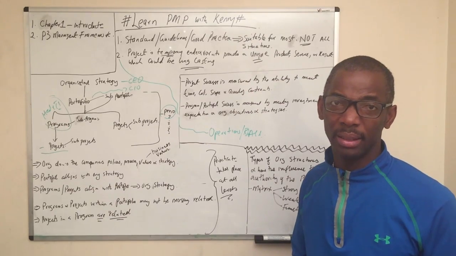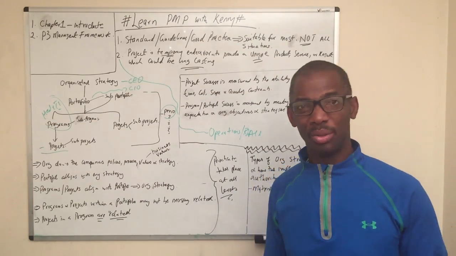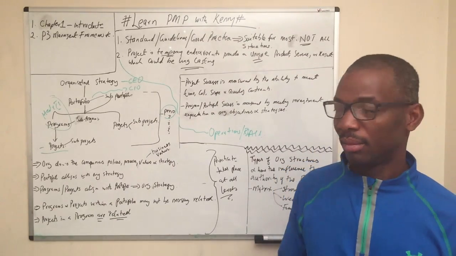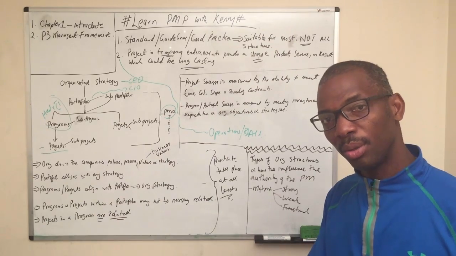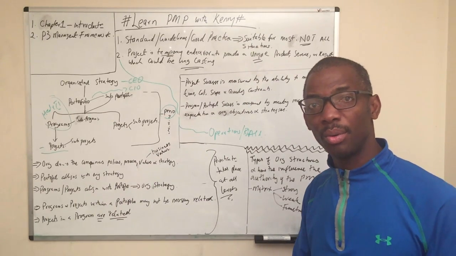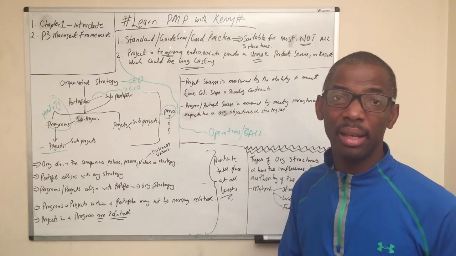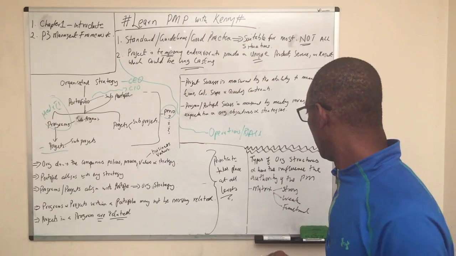I'm sure you've heard about it. Matrix organizations, weak matrix, strong matrix, functional matrix, composite organization, and all that. And I would basically elaborate on that so you fully understand how that affects the authority of the project manager and potentially could affect the success of the project as well.